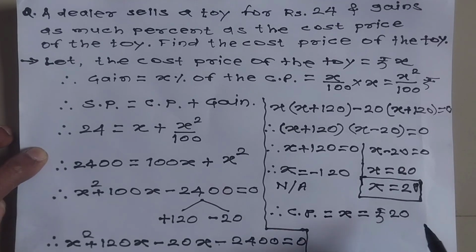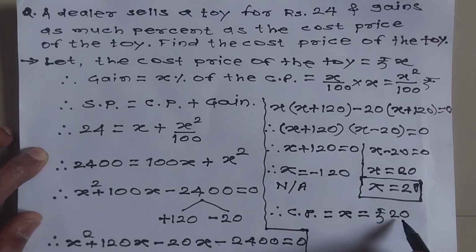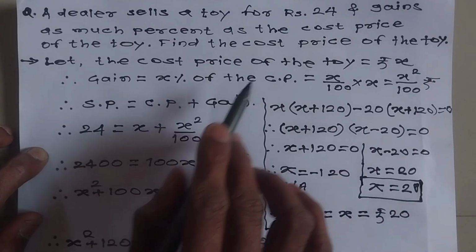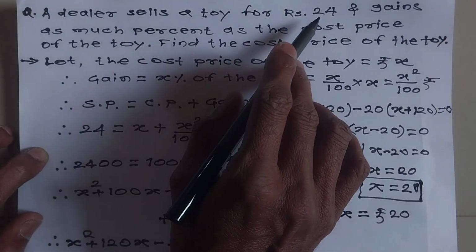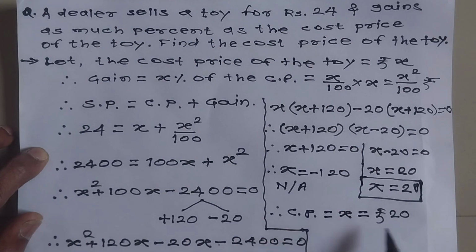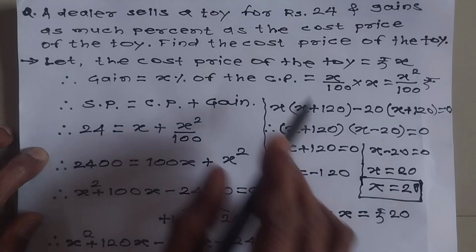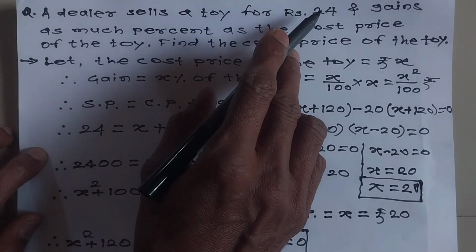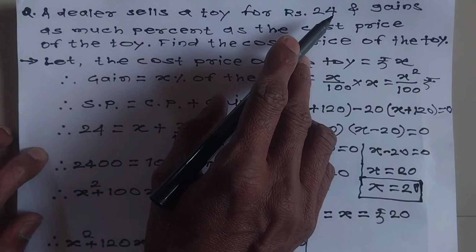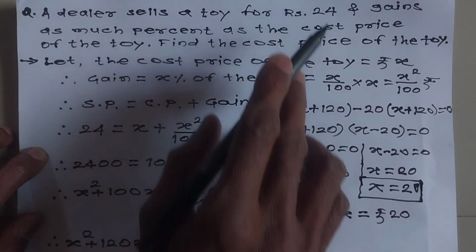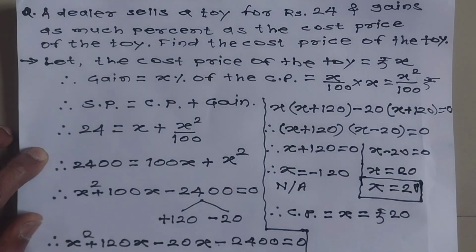Now look at this. This 20 is the cost price, rupees 20. Here the selling price is 24 and the cost price is 20. Then the profit or gain is 24 minus 20, which is 4.